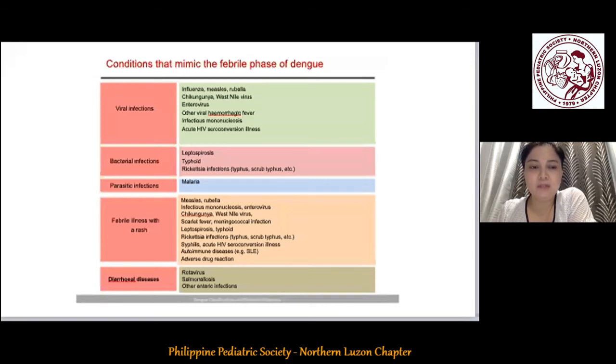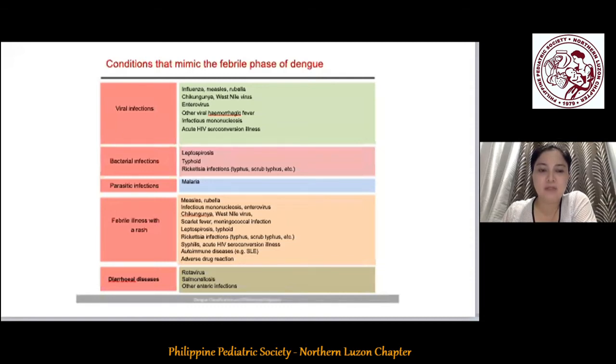So in early febrile phase, as I have mentioned before, it is not easy to differentiate dengue from other febrile illnesses as its features mimic many other febrile illnesses. History taking should focus on whether or not the patient is living in a dengue hotspot. And if the patient is not living in a dengue endemic area, then a history of recent travel to a dengue endemic area may raise clinical suspicion of dengue.